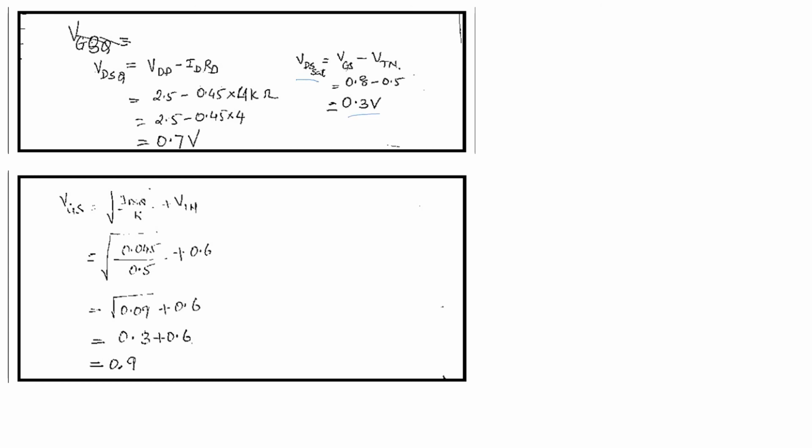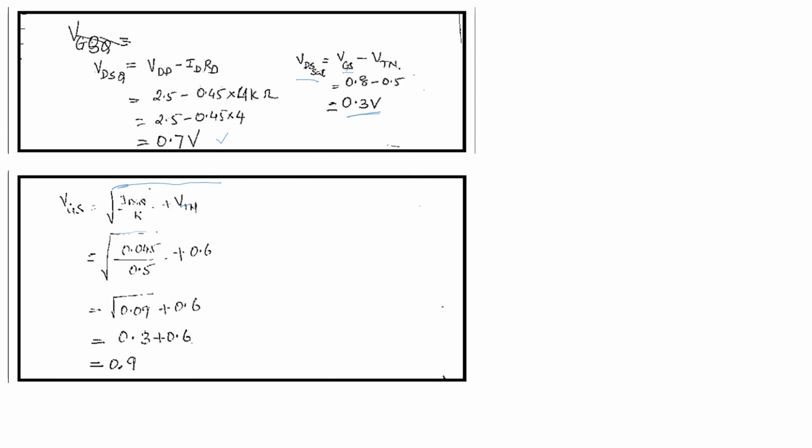So next, VDSQ is VDD minus IDRD. VDD is 2.4 volts, and after substituting the value of IDRD, this comes out to be 0.7 volts. Now the VDS saturation value, this comes out to be 0.3 volts after substituting VGS minus VTN. So VGS you have calculated in the previous slide, right?